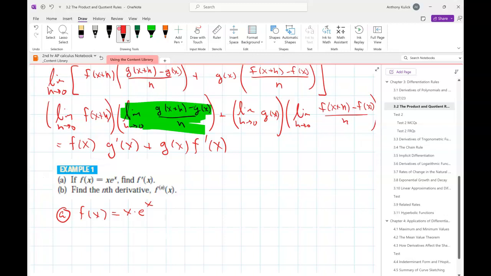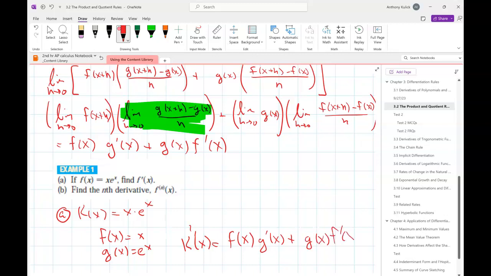So what I'm going to think about, I'm actually going to call this k. So my f of x is x, and my g of x is e to the x. Everybody okay with that? So if that's the case, the derivative of k of x is going to be f of x times the derivative of g of x plus g of x times the derivative of f of x, right?